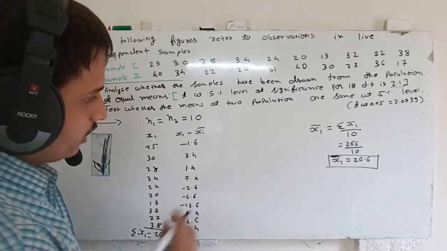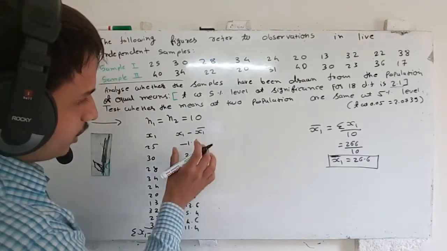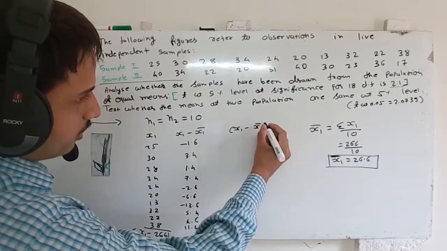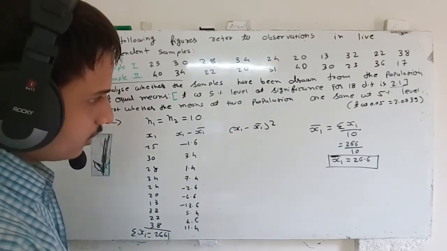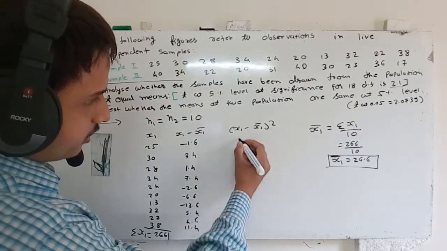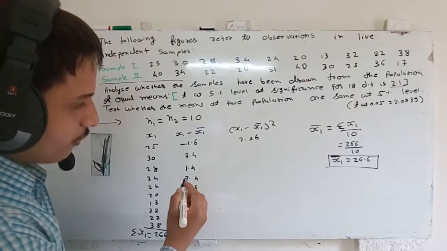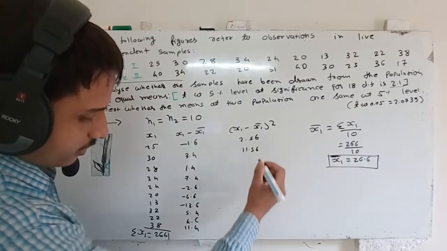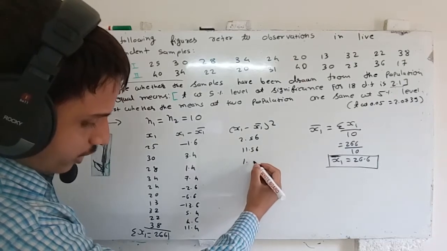Now after getting this, we will take the square of this column. So x1 minus x1 bar whole square. The square of minus 1.6 is 2.56, the square of 3.4 is 11.56, and so on and so forth.